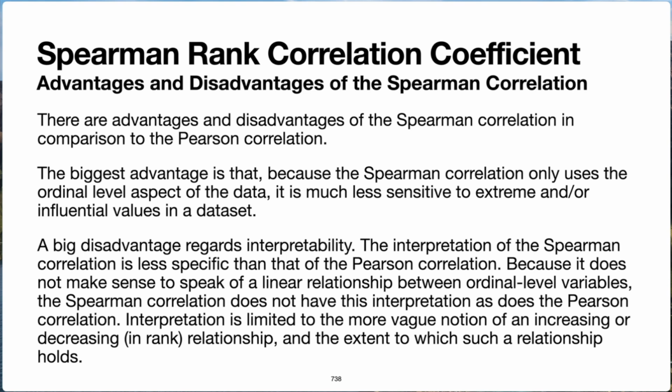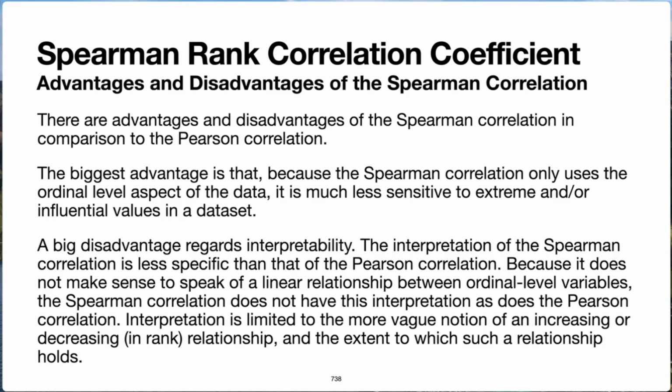But the Spearman correlation, because it's not using the attributes of data at the interval or ratio level to differentiate those levels from the ordinal level, it's only using the ordinal level aspect of the data. The Spearman correlation coefficient is not going to be impacted very much at all by extreme values.